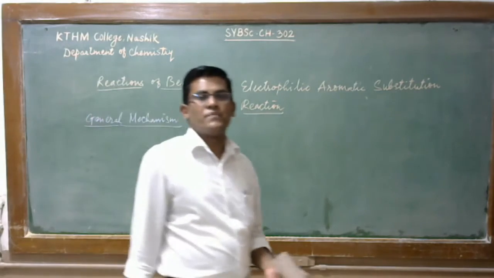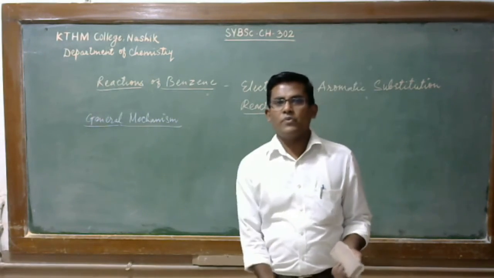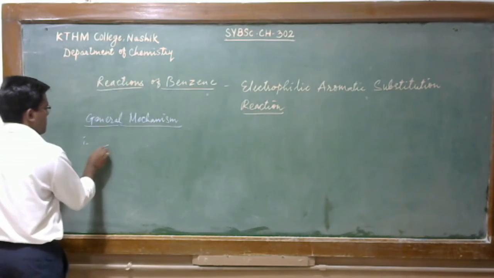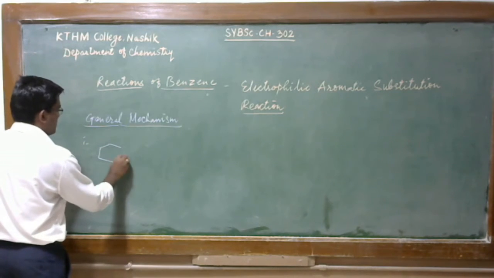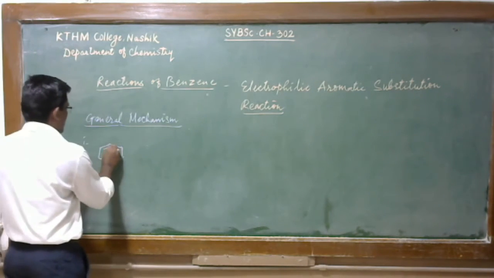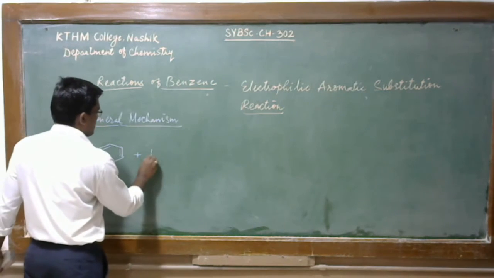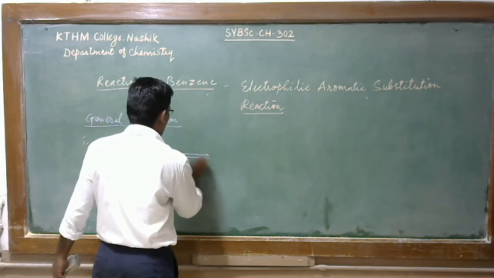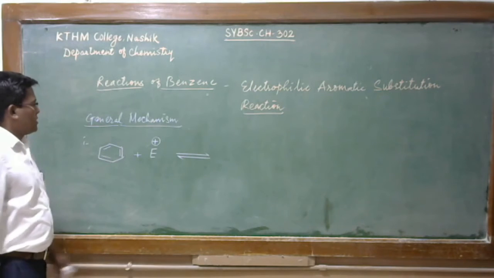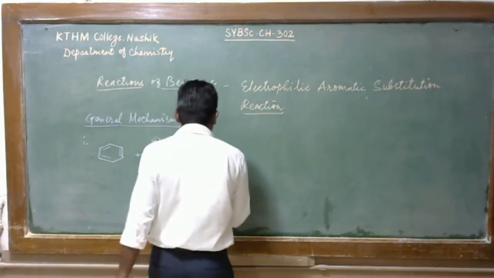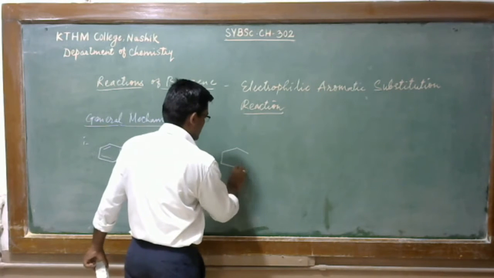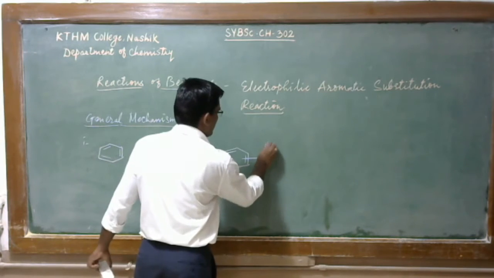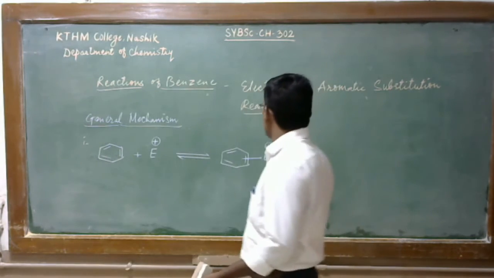In the first step, the electrophile will approach the benzene ring, which results in the formation of the pi complex.